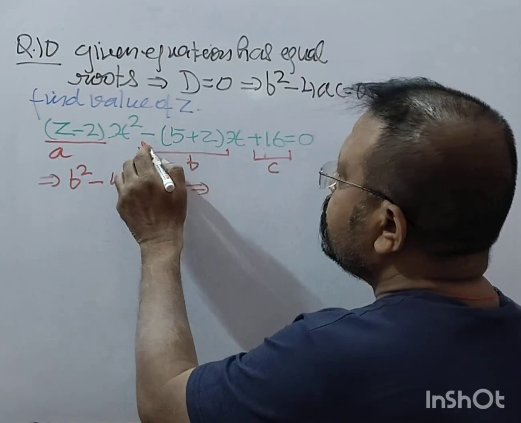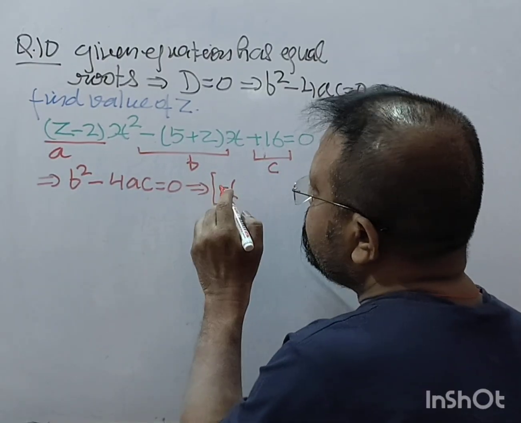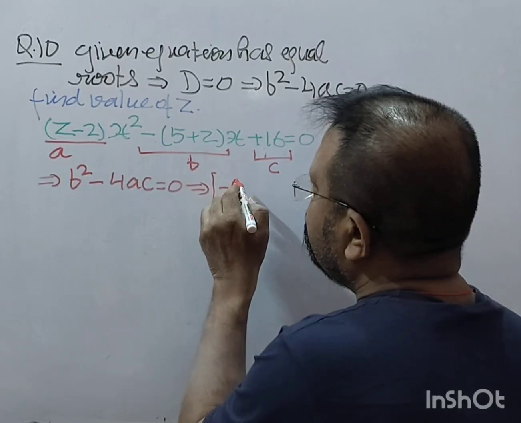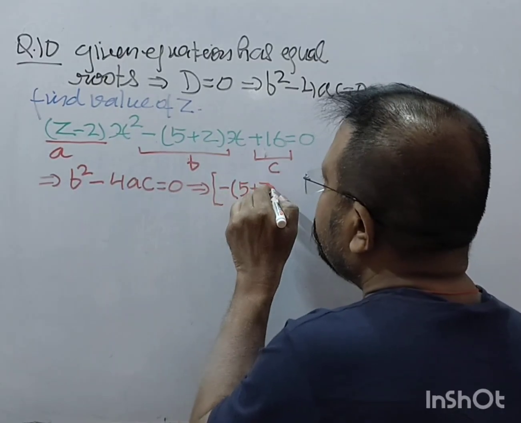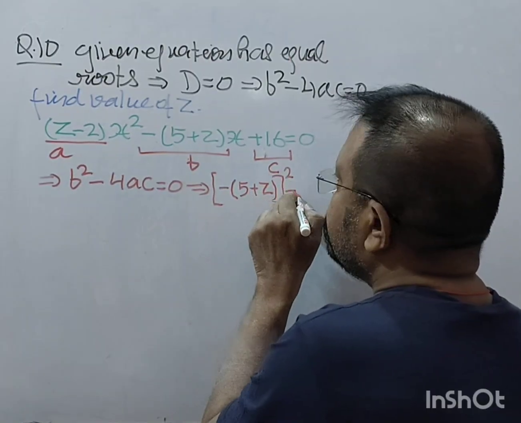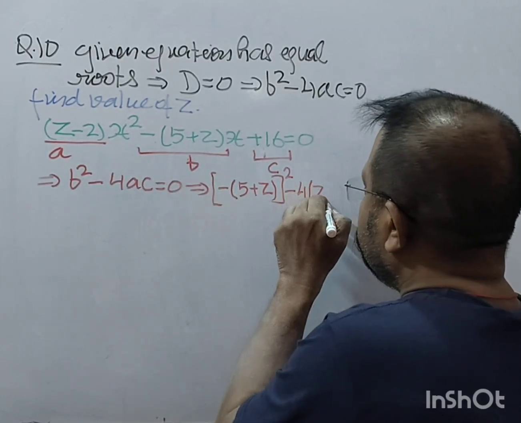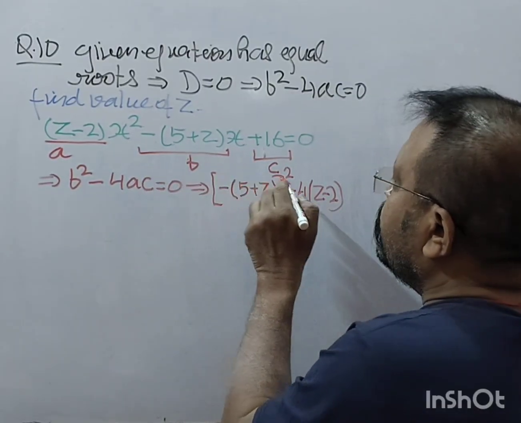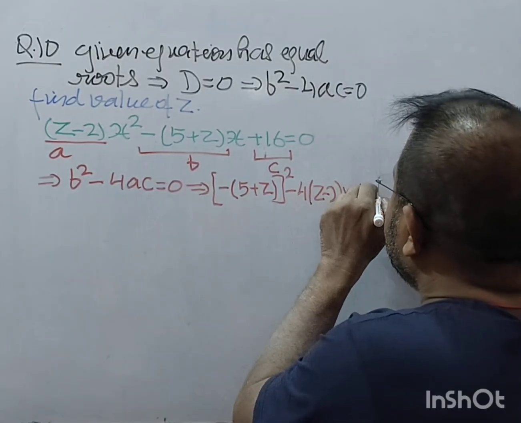So b square means (5 plus z), with minus 5 plus z whole square, minus 4 into (z minus 2) into 16, is equal to 0.